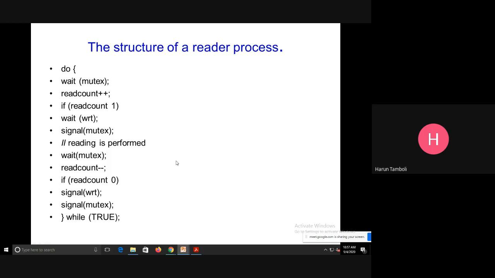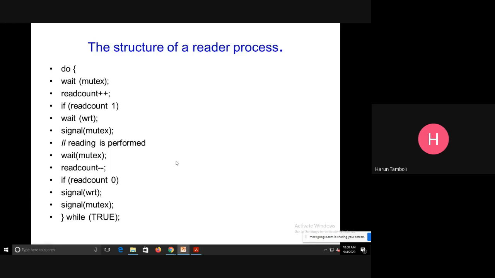Now after the read count decrement, it will check the value of read count. If the read count is 0, that means there is no process reading the data. Then in that case, it can perform the signal operation on the write semaphore variable, so that any other process can write into that data.